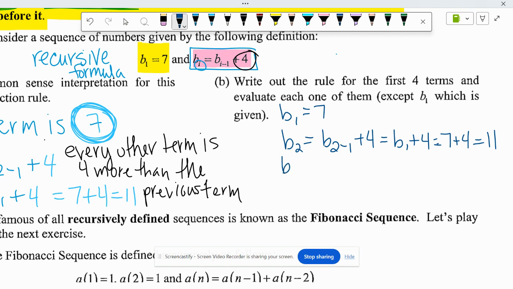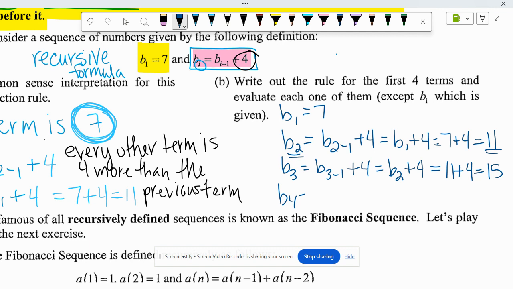If I want to find the third term, b sub 3, well, that's b sub 3 minus 1 plus 4. But 3 minus 1 is 2, which means I want the second term plus 4. But you guys just told me that the second term is 11. So I have 11 plus 4, which is 15. My fourth term starts with the previous term plus 4.